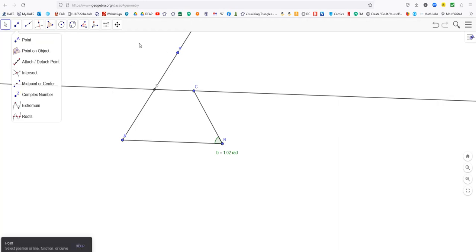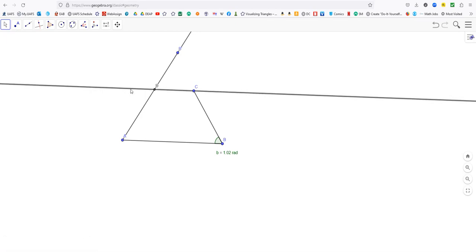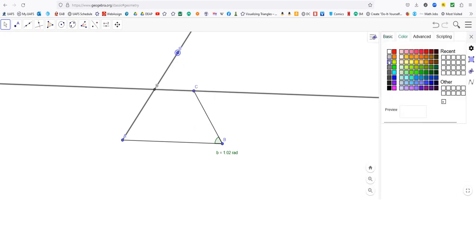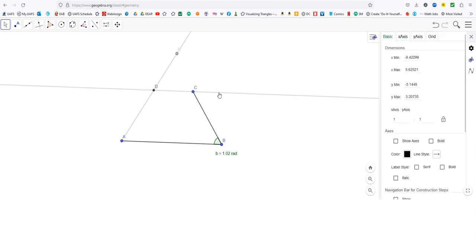So now we could hide these things if we want. I'm going to just leave them there, but I want to make them a light gray color, and that's probably good enough.